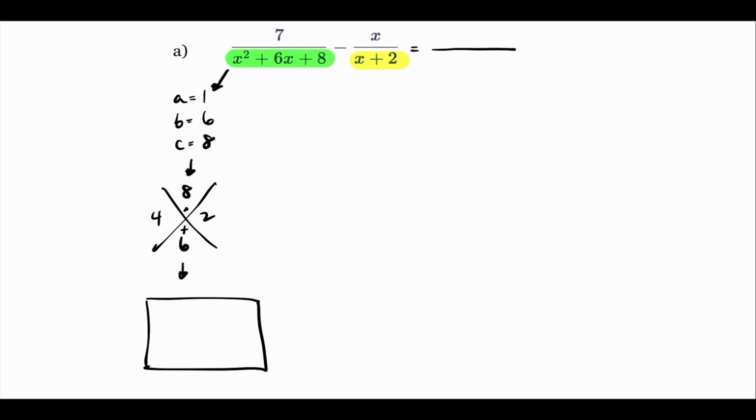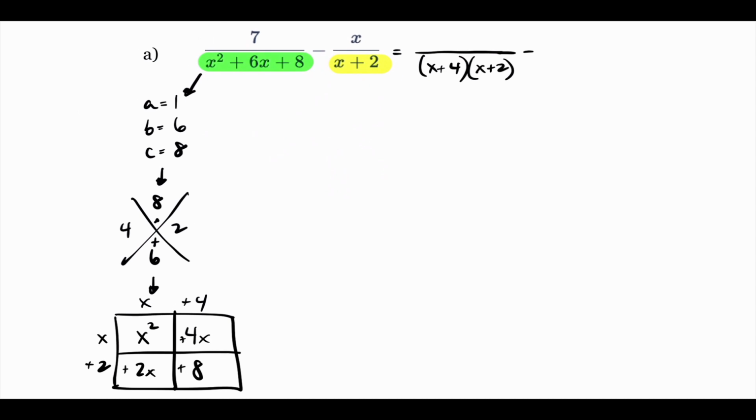Then I factor, so I get x squared plus 4x plus 2x plus 8. So then I factor, I get x plus 4 and x plus 2. Okay, so that's the first one. The first one factors to be that.